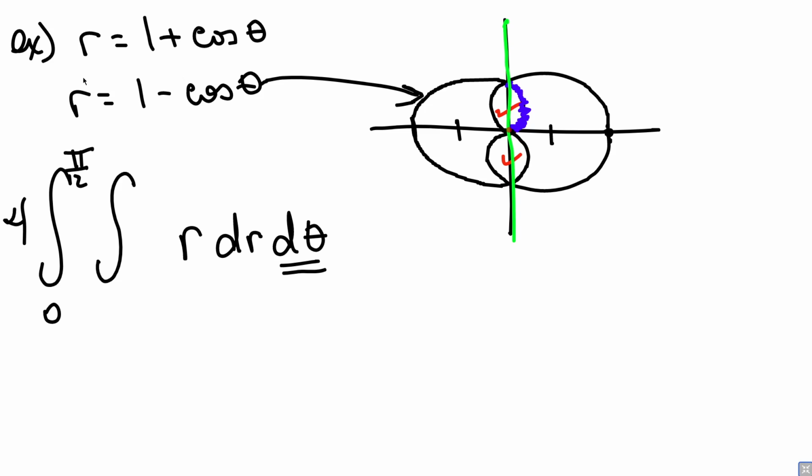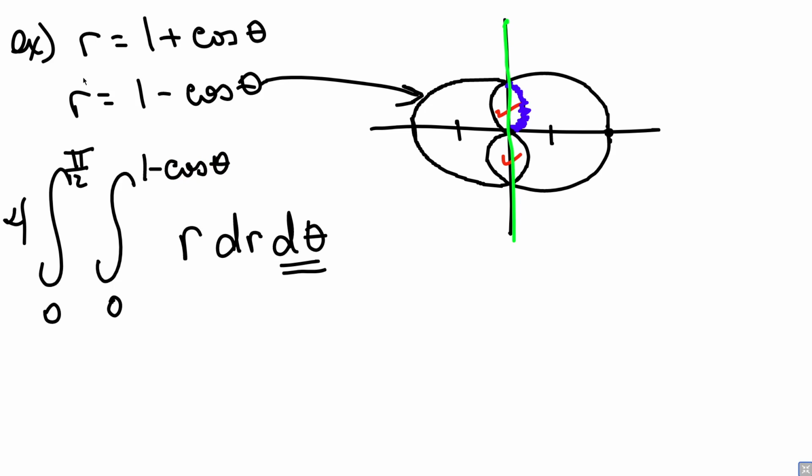No? Look at how it's going and look at my arrow. Following along which curve? 1 minus cosine theta. Yes, it's following along the curve 1 minus cosine theta. So we're going from 0 to 1 minus cosine of theta.